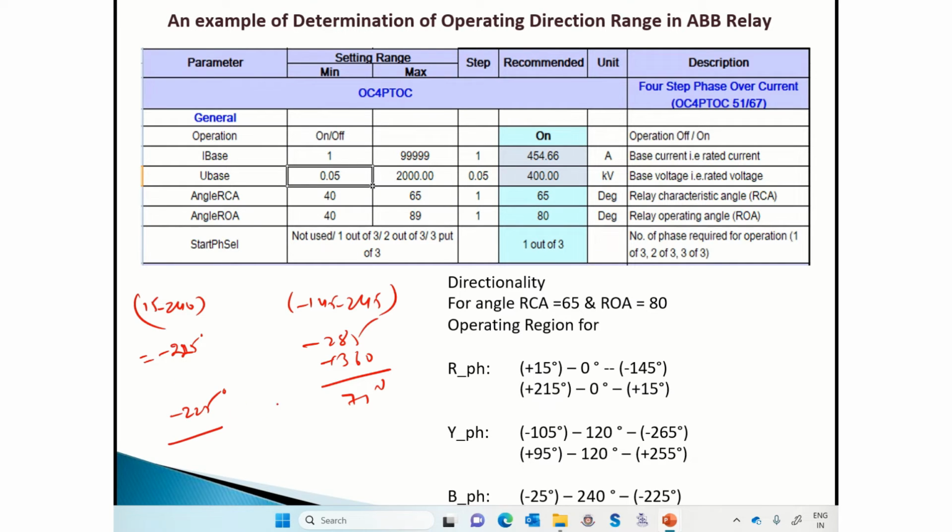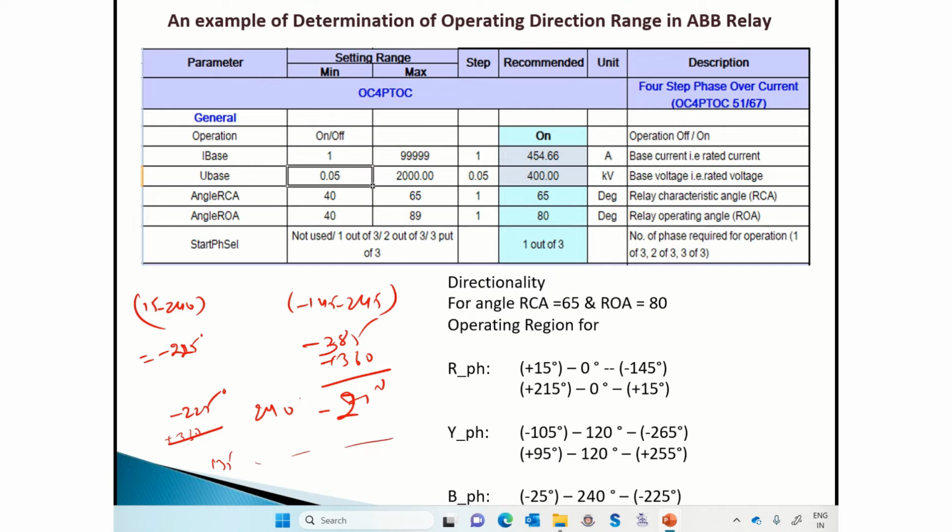So for B phase it will be 75 to minus 225, or you can also write minus 225 as minus 225 plus 360, that is 135. So the B phase region is 135 to 240 minus 25.